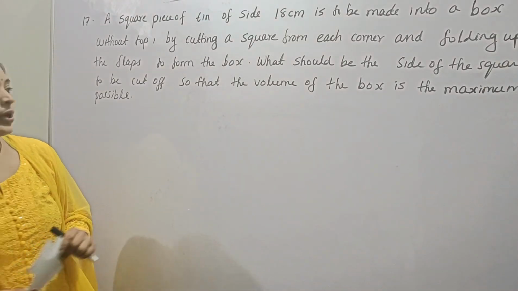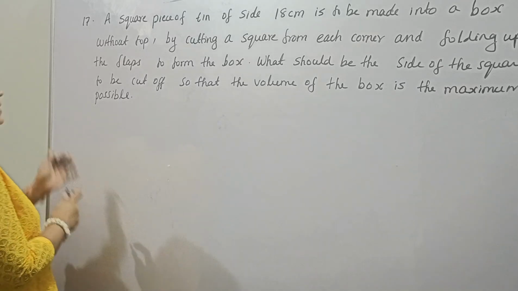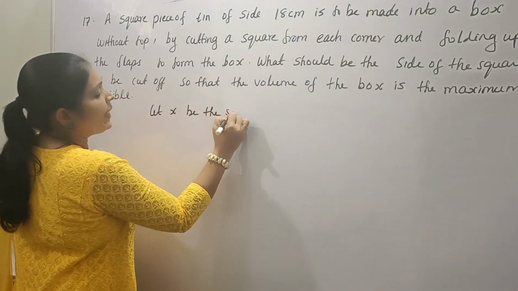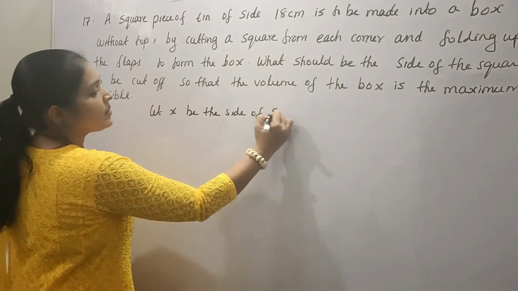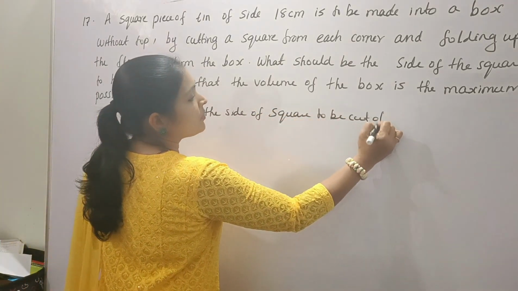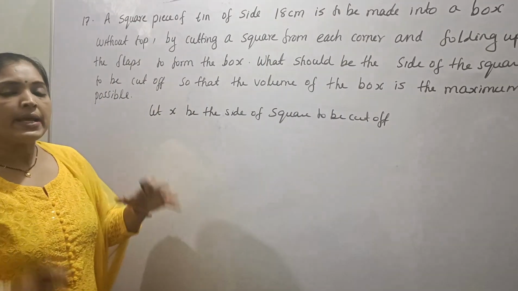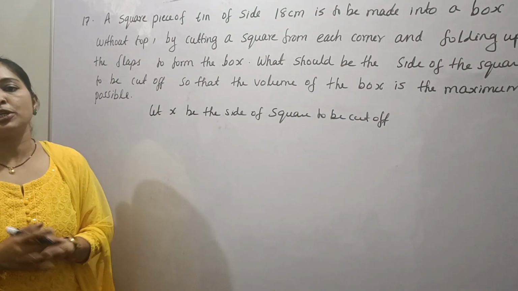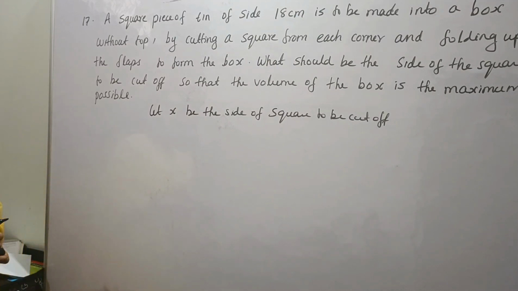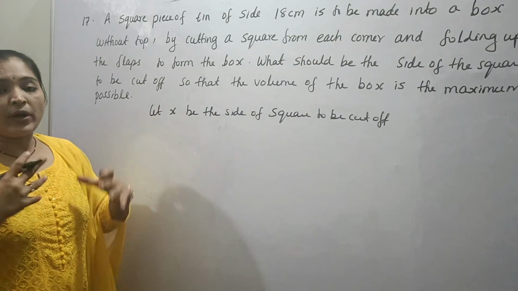That we have to find. So here let x be the side of the square to be cut off. x is in centimeters, x be the side of the square to be cut off.